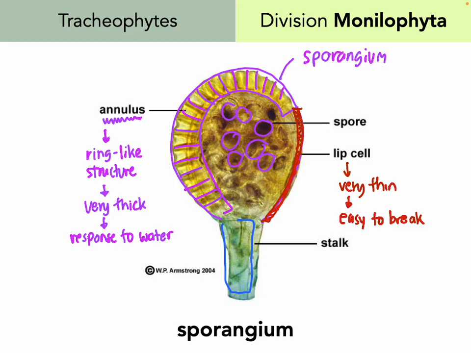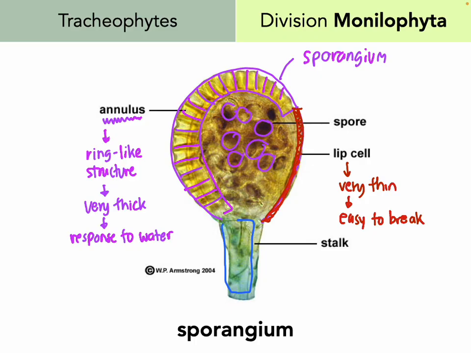How? I'm going to try to be a spore ranger here. It's so fun trying to do everything. So let's say I am the spore ranger. This is the thick part. This is the annulus. This is a lip cell. The lip cell is very thin, right? Easy to break.